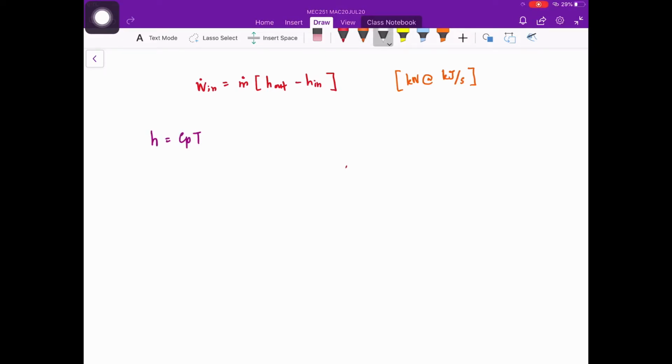Since we know that for ideal gases the enthalpy h is equal to Cp times temperature, the SFEE now becomes this expression. Specifically for our current example, we can have this equation.